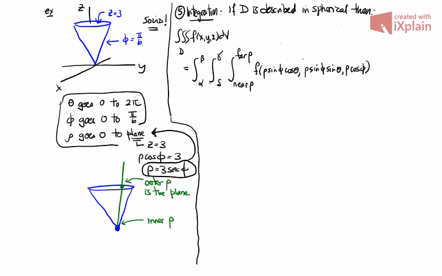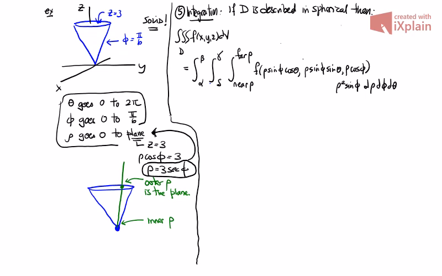Then, because we're changing to a new coordinate system, like the polar r that comes up, we have the spherical version. That's rho squared sine phi, and then d rho d phi d theta.